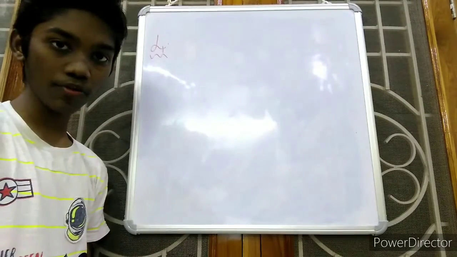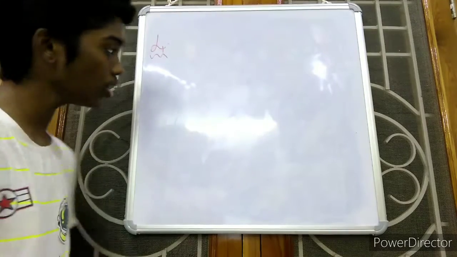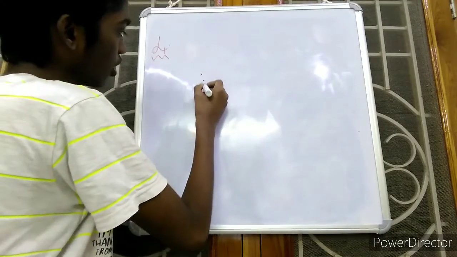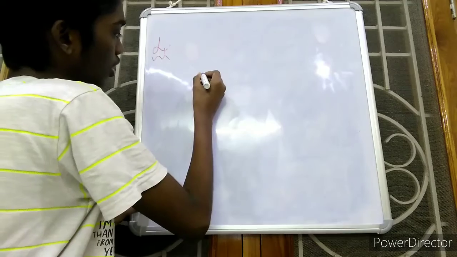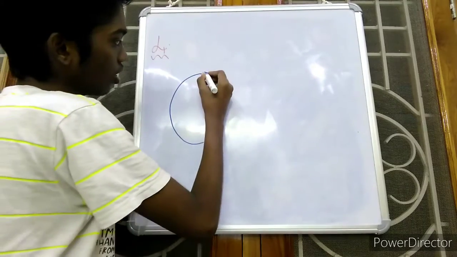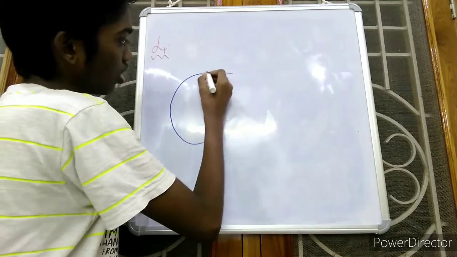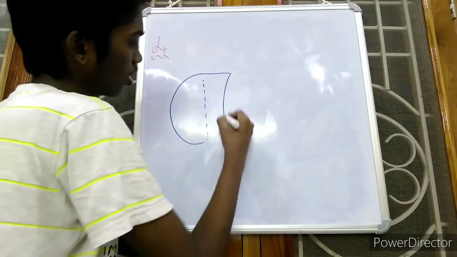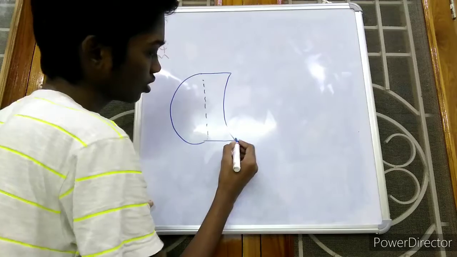The fourth type of lens does not have any specific name. So we know that this is a convex lens and this is a concave lens.